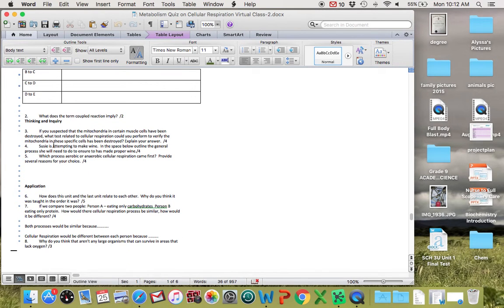Number 3: if you suspected the mitochondria in certain muscles have been destroyed, what test would you perform to verify this? I was looking for taking a sample of the muscle cells, giving them lots of oxygen, requiring them to exercise, and seeing how quickly they fatigue.